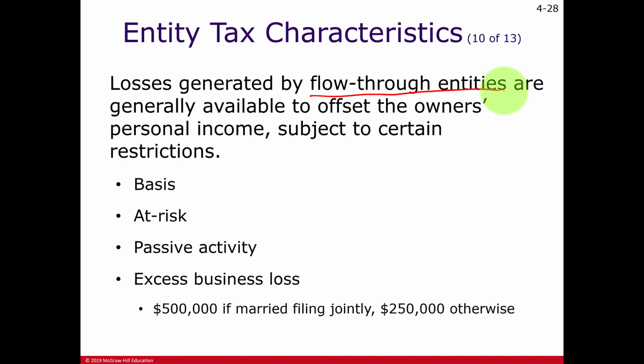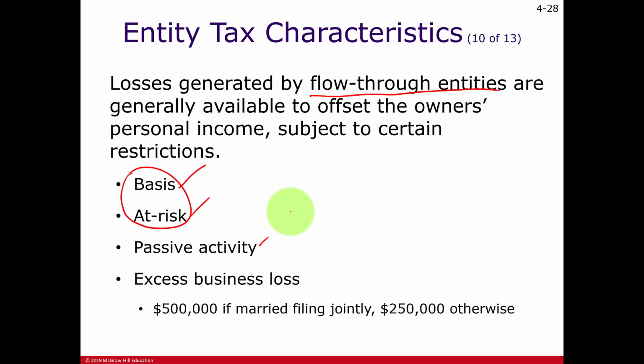But there are limitations in how much those owners can deduct based upon the owner's investment in the entity, or how much they can lose out of pocket, how much liabilities they assume of the business. So this is kind of related, these two topics here. And we'll see this, and also this topic here, passive loss activity, more so probably in our future chapter when we talk about rental operations.